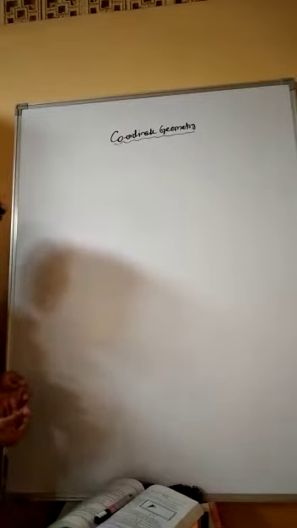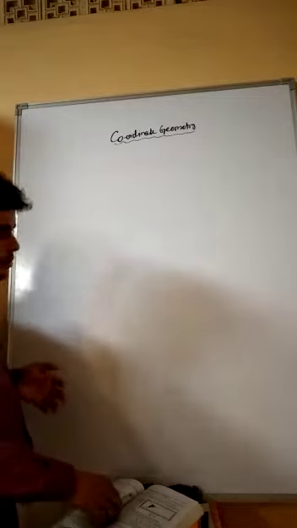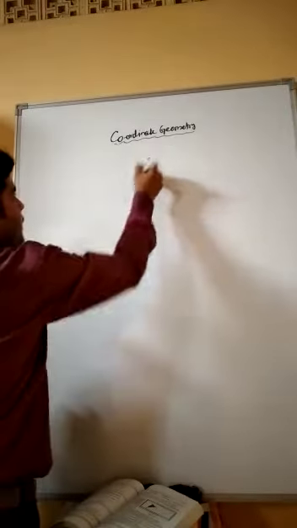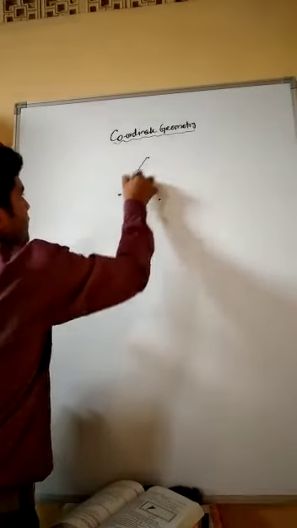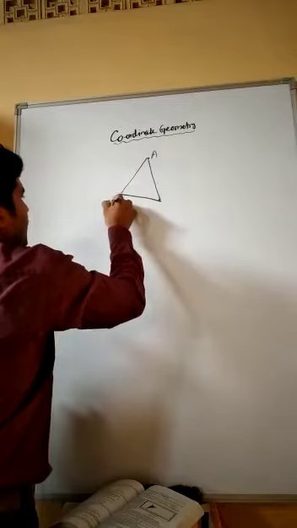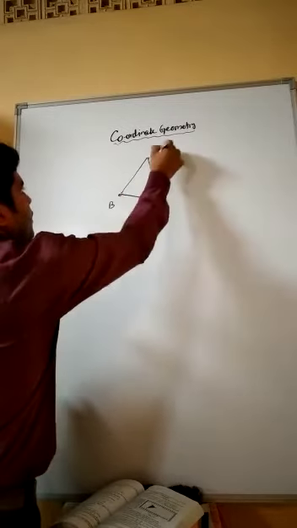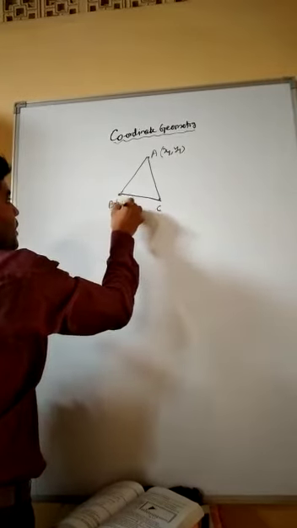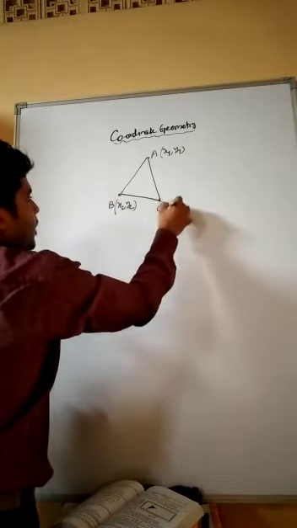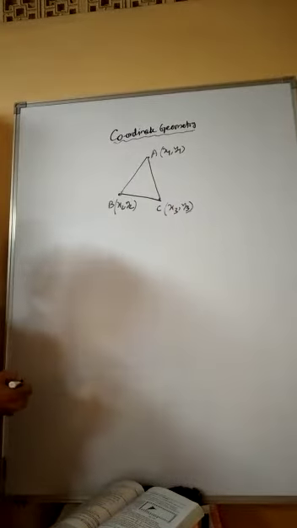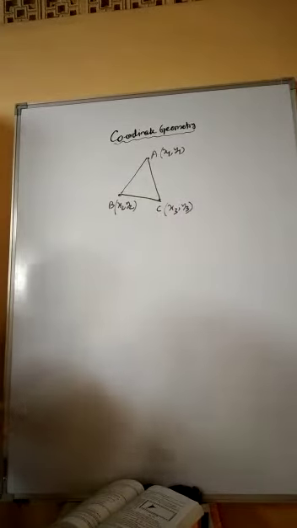If they are collinear, then there will be no triangle. So suppose 3 points A, B, C are given. The coordinate of A is x1, y1. Coordinate of B is x2, y2. Coordinate of C is x3, y3. Now what is the area of this triangle?